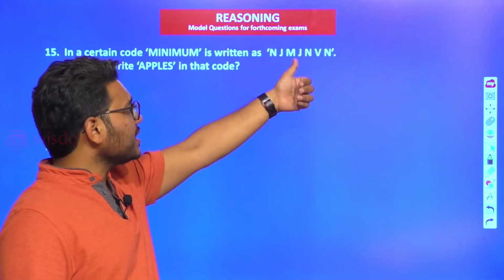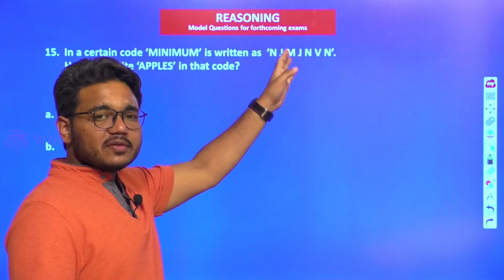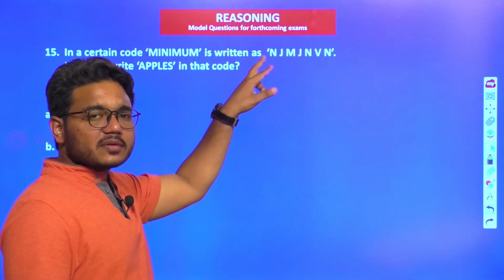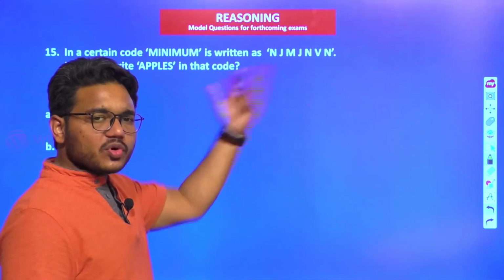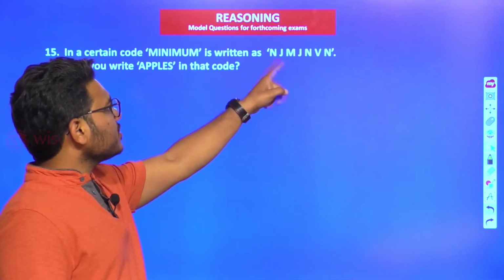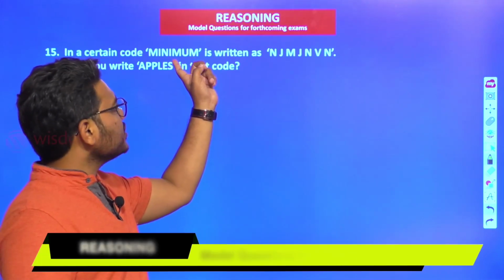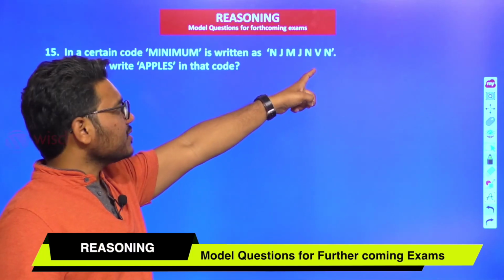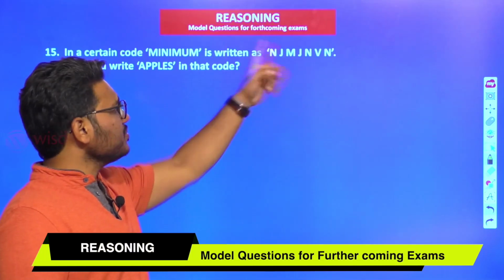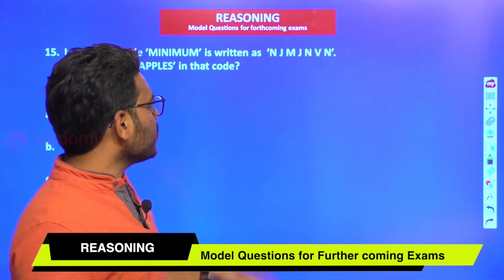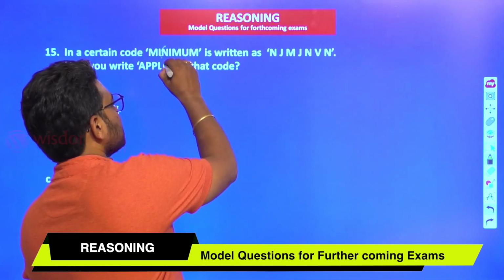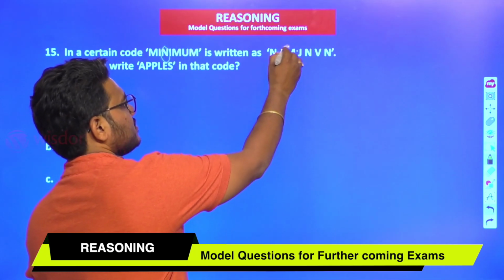N is after M, but we could see jumbling, the swapping of these things. Then again try to follow: I followed by J, M followed by N, U followed by V. So the pattern is only in the third letter. It depends on the third letter.